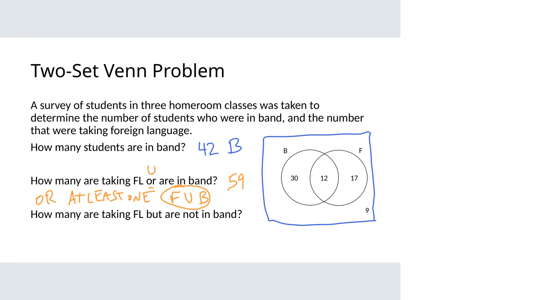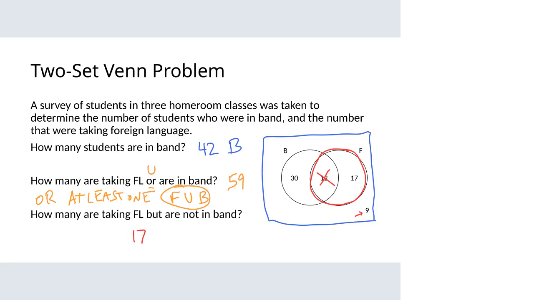And then the last question, how many are taking foreign language but are not in band? Foreign language but not in band. Leslie's got that one with the 17. The 26 is an interesting answer, Courtney. Oh, okay, because foreign language is here, not in band, we throw them out, so the only ones left are the 17.